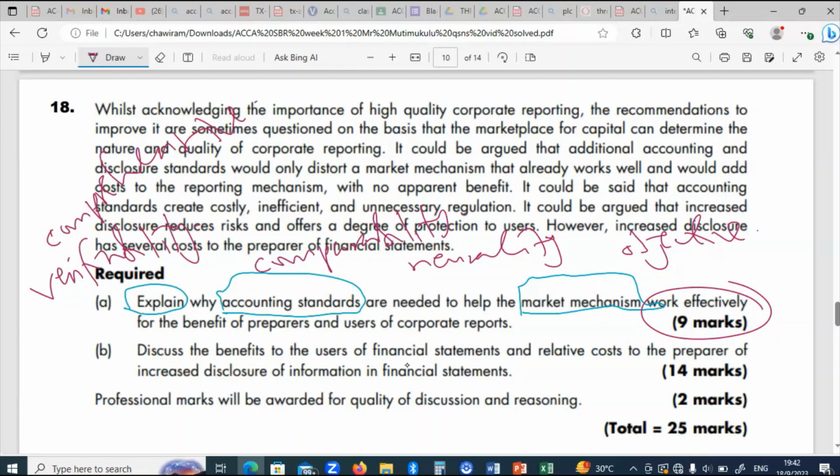So here you need to discuss both the benefits and the costs associated with the preparation of financial statements in terms of increased disclosure. So the benefits of increased disclosure and the costs associated with it.